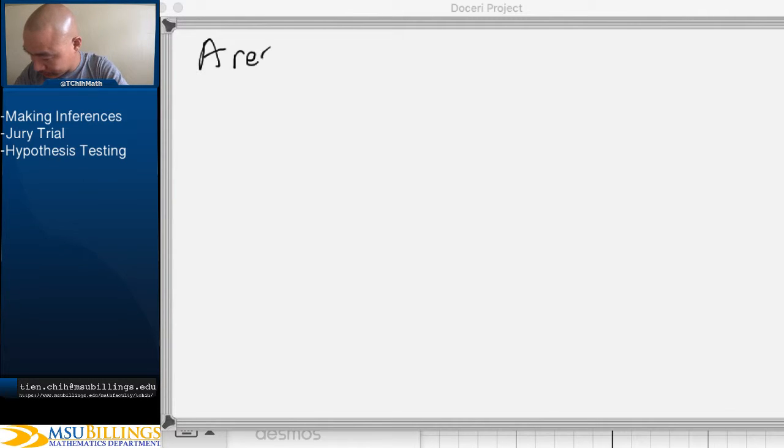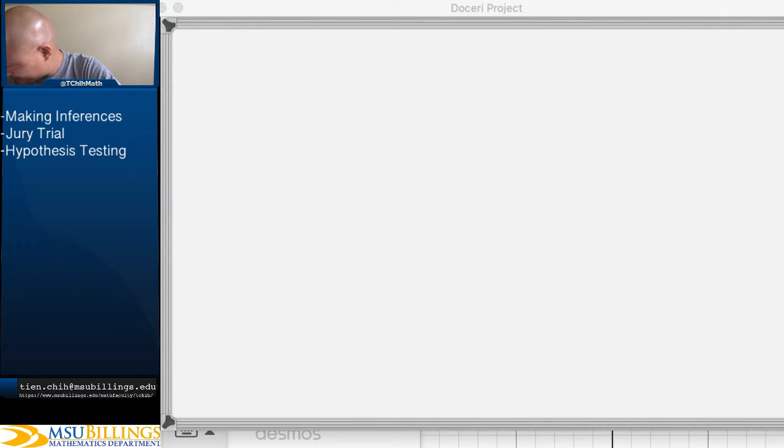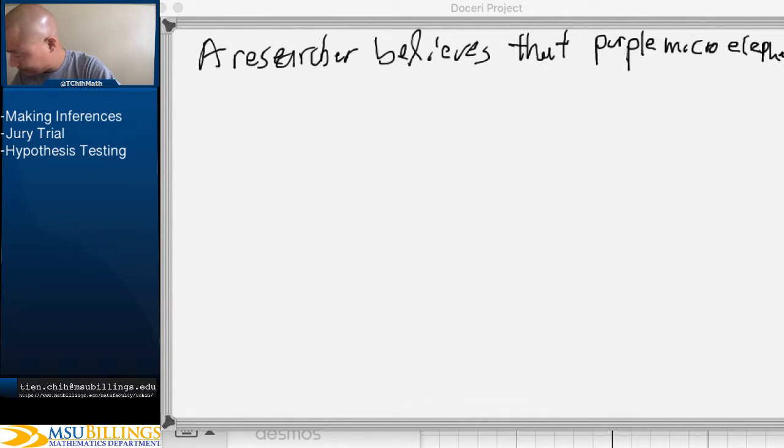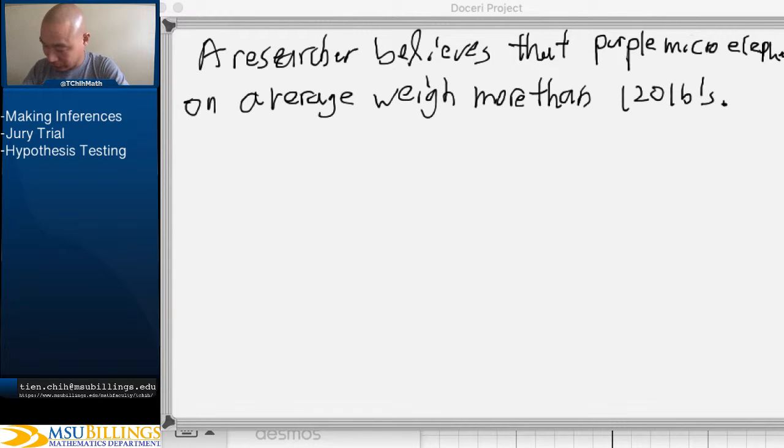So, a researcher believes that purple microelephants on average weigh more than 120 pounds.